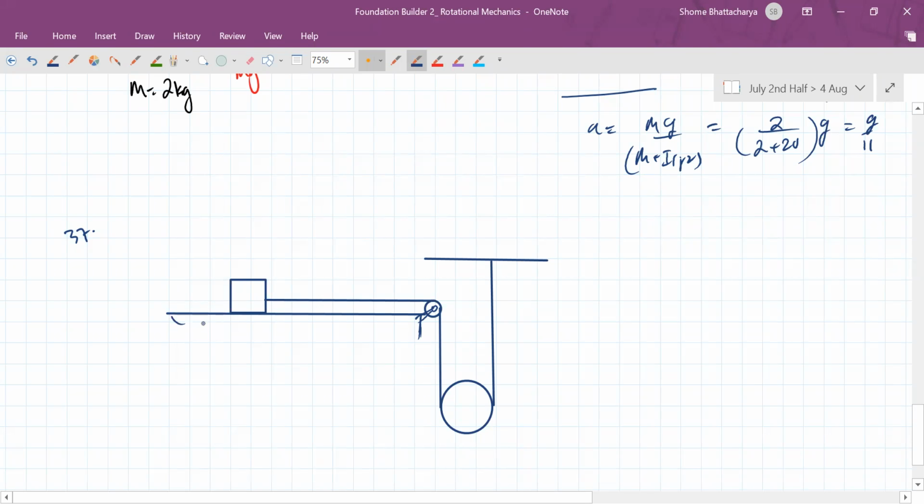So this is the basic arrangement that we have here. This pulley is given to us that the moment of inertia of it is again 0.2 kg meter square. And its radius is 20 centimeters or 0.2 meters.